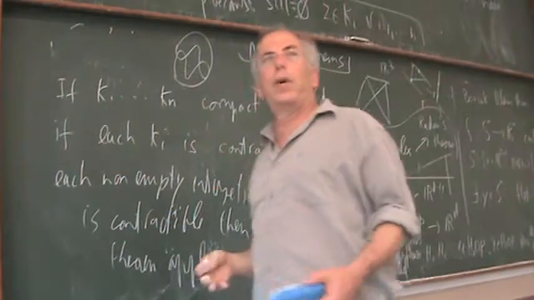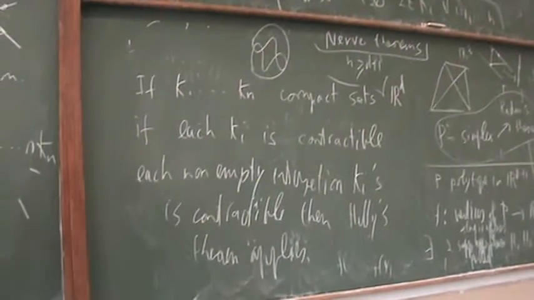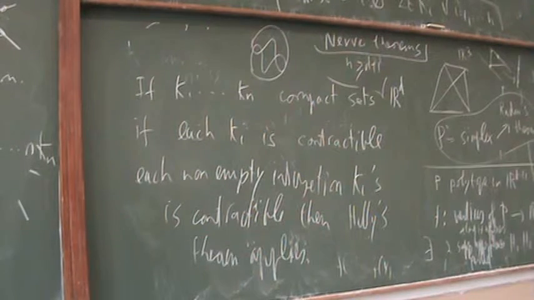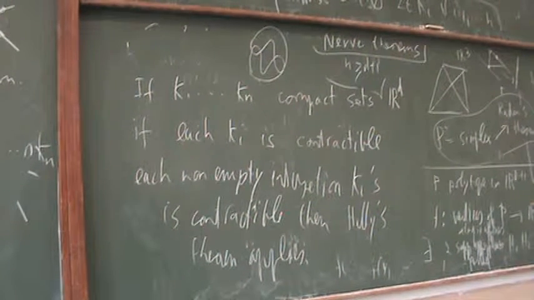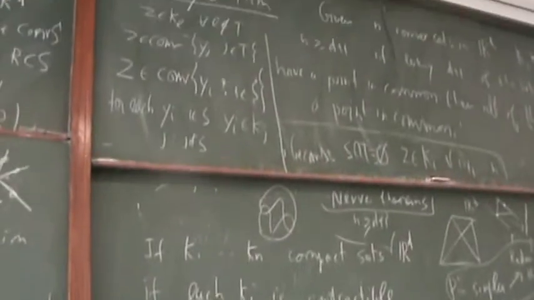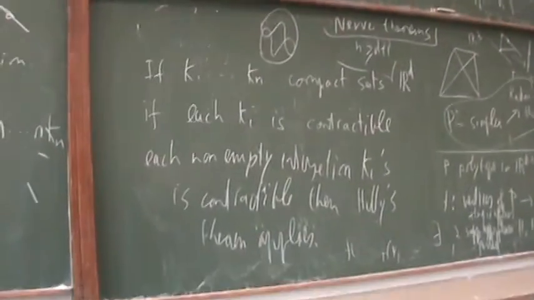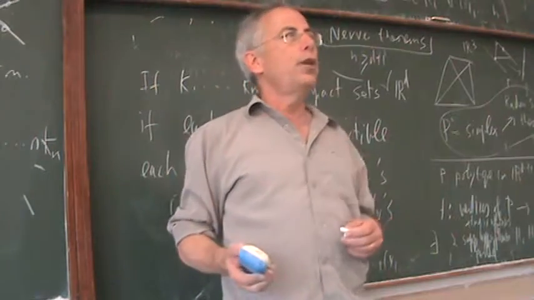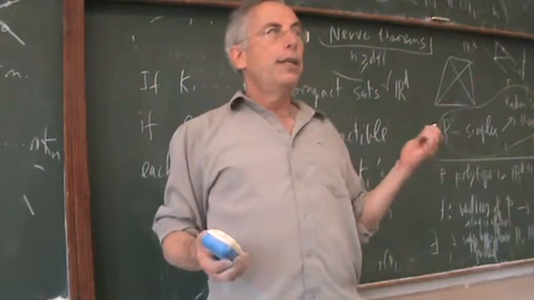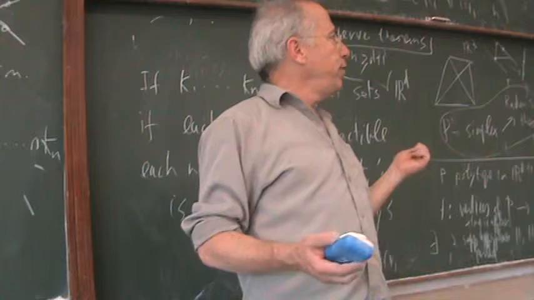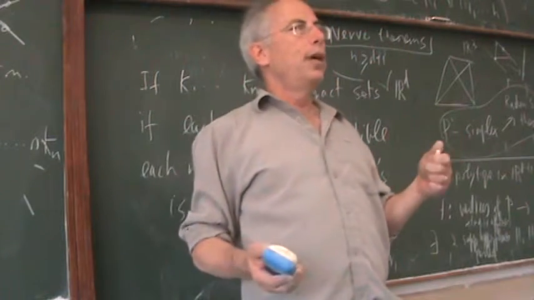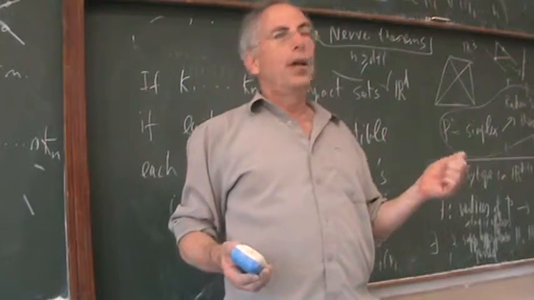The nerve theorems were introduced by Jean Leray and by other mathematicians for various purposes in algebraic topology, including the fact that there were several notions of homology, like Čech homology, simplicial homology and singular homology, and the early application of the nerve lemma was to show that the Čech homology coincides with the singular homology.